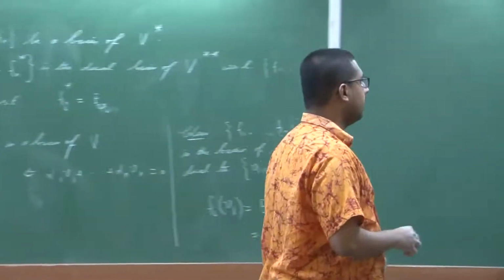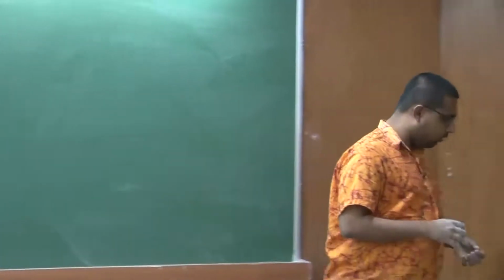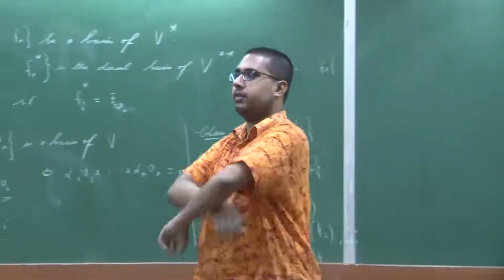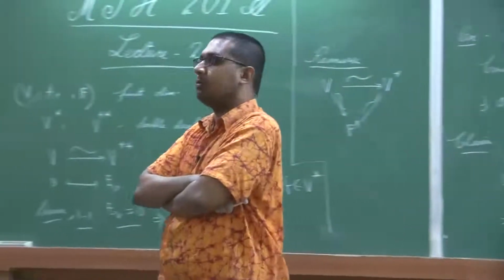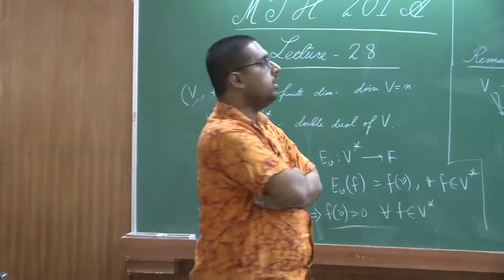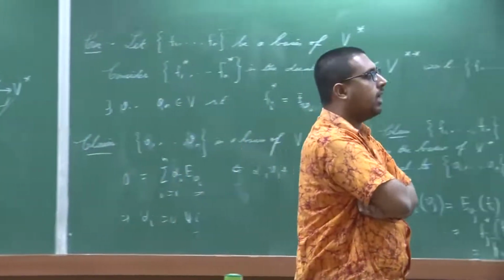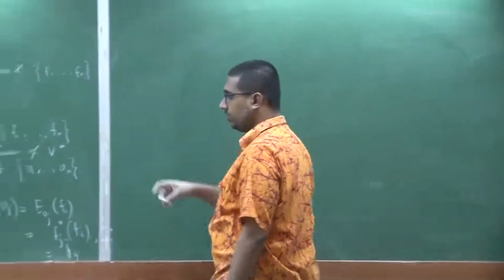So, if I am given the annihilator of a subspace, how can I get back the subspace? Suppose for a subspace W, I am given W naught, then how can I get back W out of that?